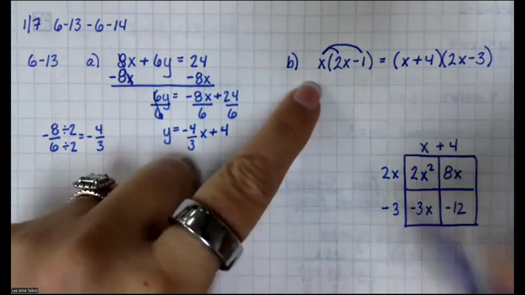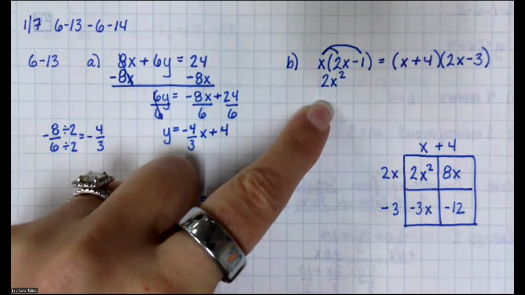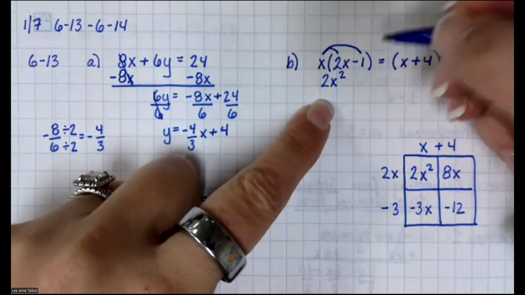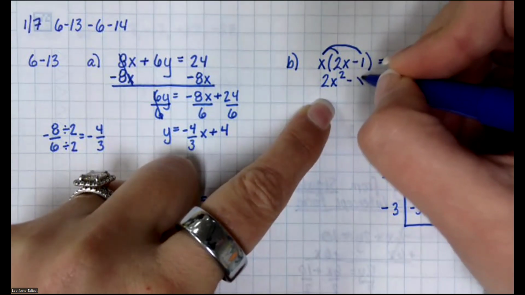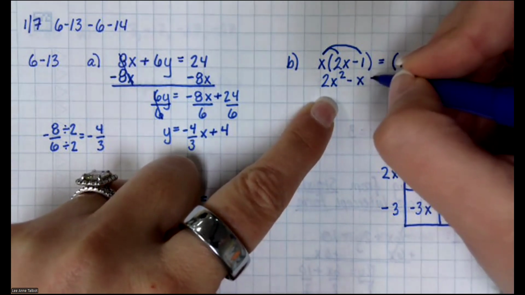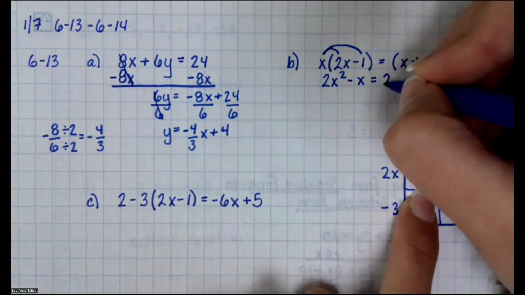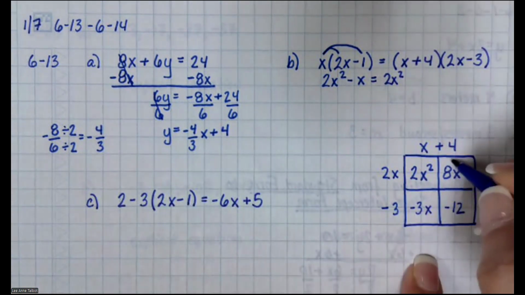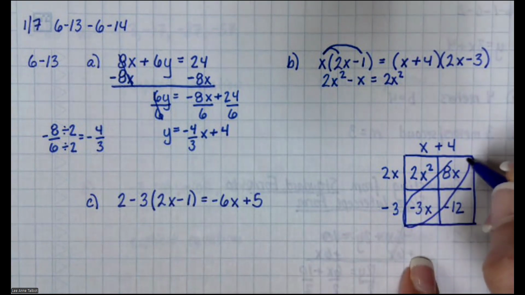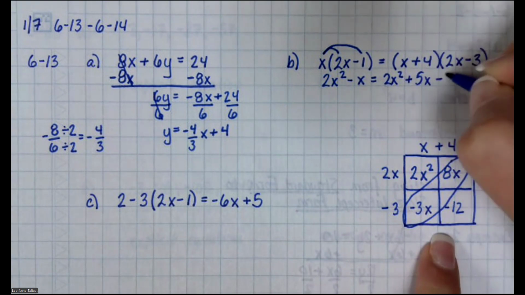Okay, so on this side, when I distribute, x times 2x is 2x squared. And x times -1 is -x. And then this side is going to be the stuff I get from the box, which is 2x squared. Combine those, 5x minus 12.